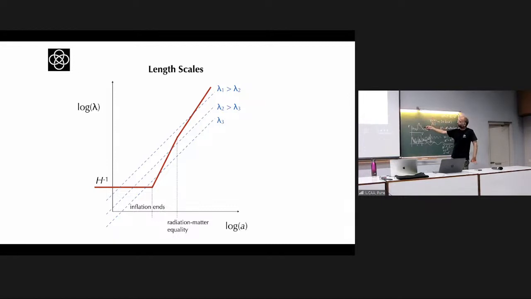At extremely early epochs, the proper value of lambda 1 is smaller than the Hubble radius, and therefore the proper values of all of them are smaller than the Hubble radius, because lambda 1 is the largest. So all of these wavelengths are smaller than the Hubble radius at very early epochs, if there is an inflationary epoch.